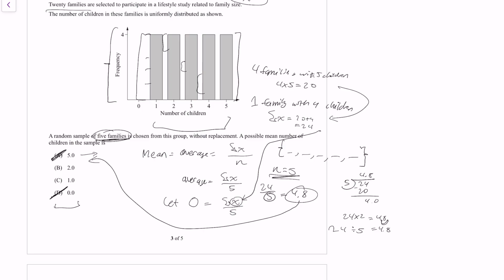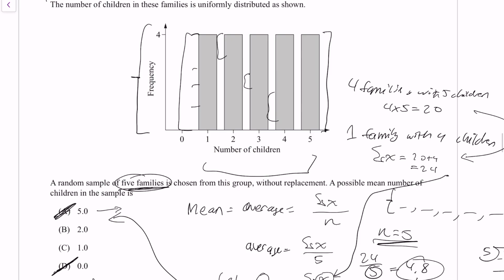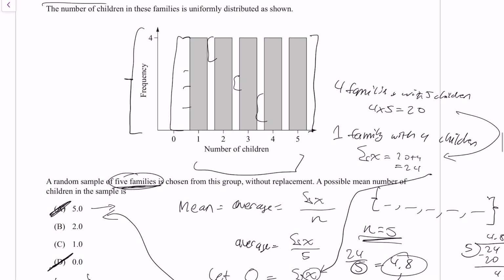Okay, now we're just left with B and C. So a mean of 2 or 1. All right. It's sort of similar in a way if you think about it in the big picture, what we did with 5. 5 was the highest possible number of children, and 1 is the lowest possible, not in this subset of options, but within the graph.